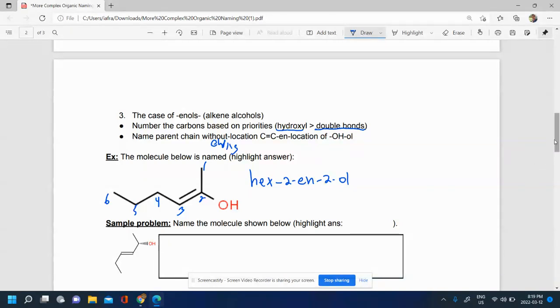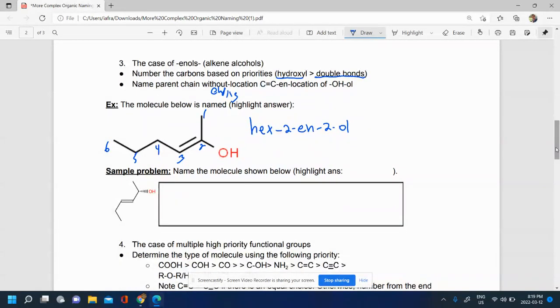Let's try another example over here. There's a couple ways we could number this, but the best way, as you can see, to get the lowest values for my substituents would be 1, 2, 3, 4, 5, 6, this way here. Again, another 6-carbon parent chain.